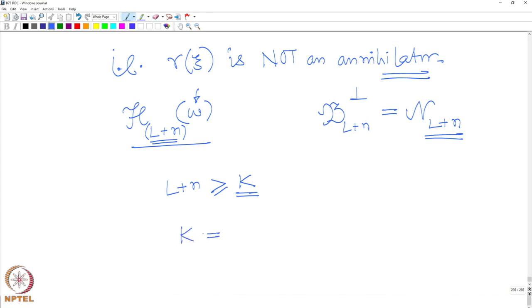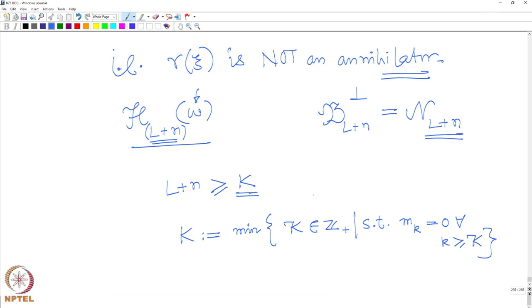K is by definition equal to the minimum of all kappa in Z plus such that M_k is equal to 0 for all k bigger than or equal to kappa.